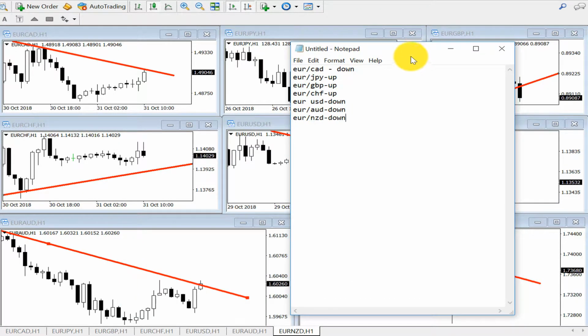This is our summary. So what can we assume from this summary? That 4 pairs are down and 3 pairs are in uptrend against the same major currency, euro, with the other currency different.